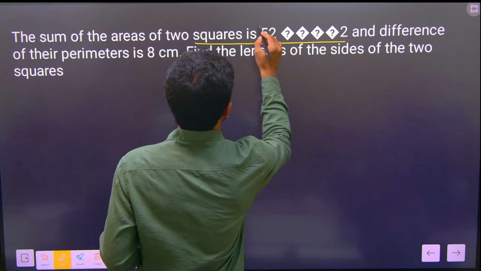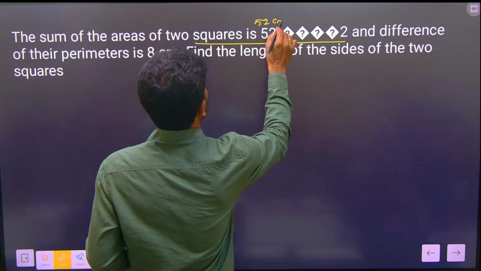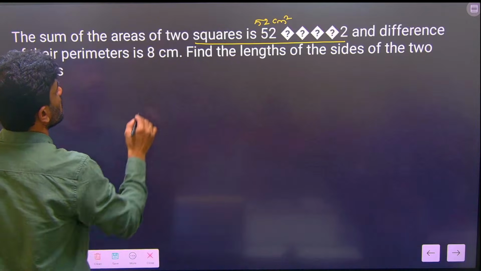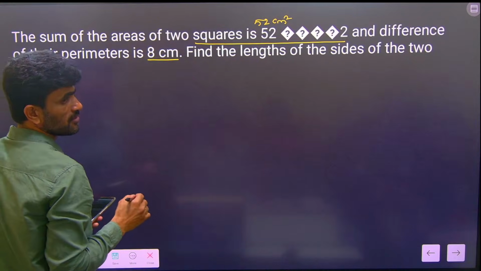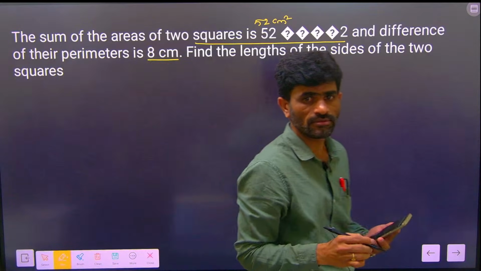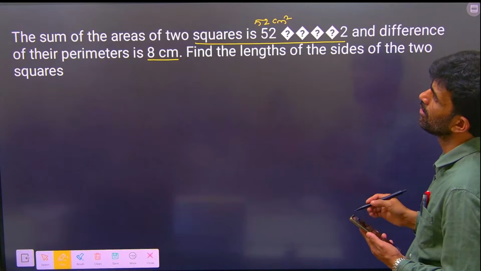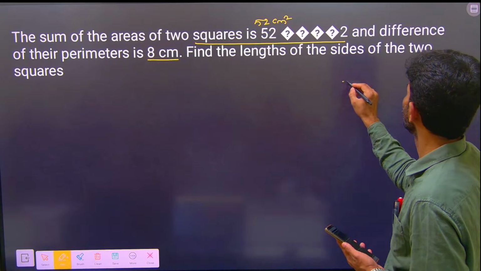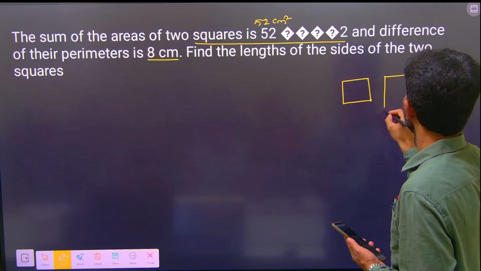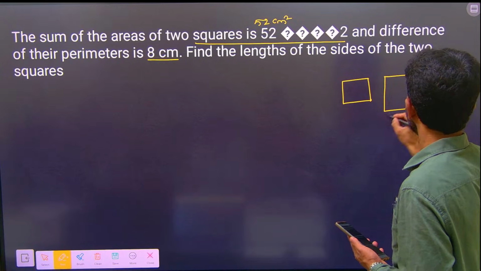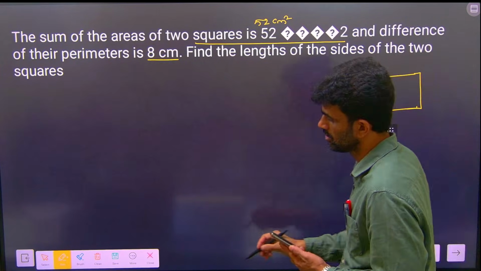Sum of areas is 52 centimeters square, and difference of perimeters is 8 centimeters. When two squares are given, we take this as the first square, this is the second square, okay? Understood?